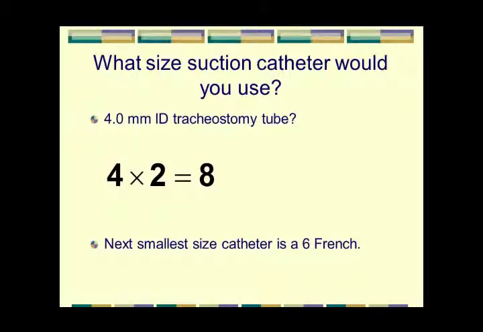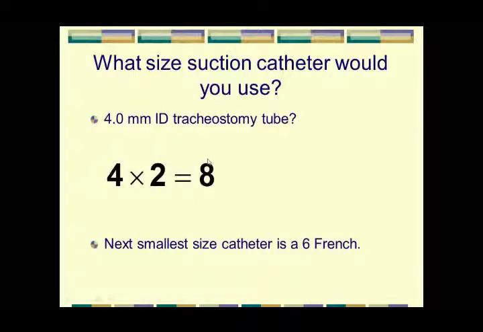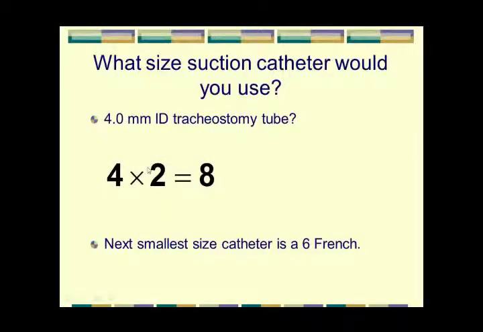So if my airway is 4 millimeters in diameter, let me rephrase that. A rough rule of thumb is, it is two-thirds, multiply that diameter by 2, and that'll tell you the French size to use.